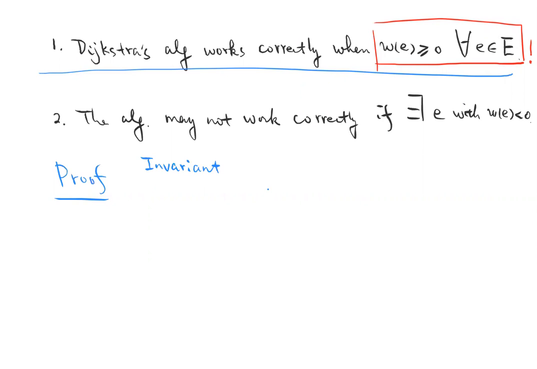All right, so we need to prove two things. Actually, one thing, that's what we want to prove. But in order to prove this one, we need to prove something else because that's not enough. We need something stronger at any time. A: for every vertex inside S, its distance equals its distance upper bound.